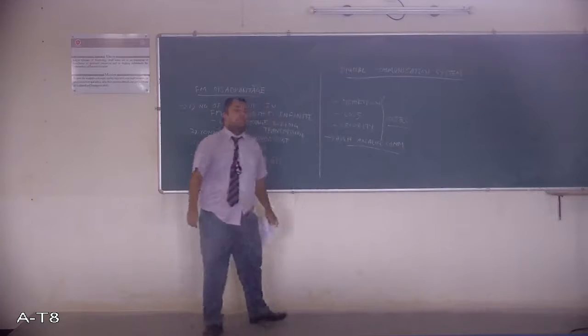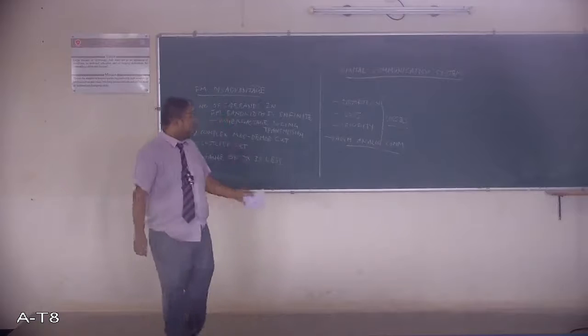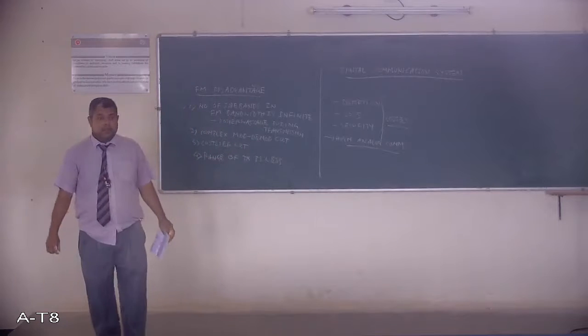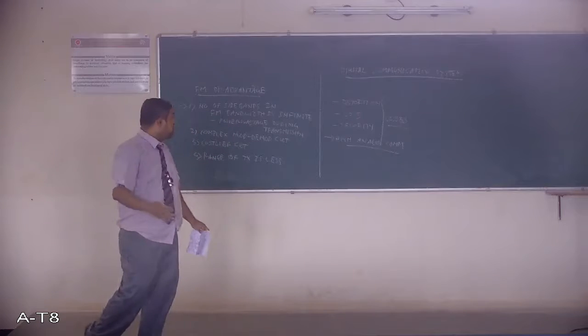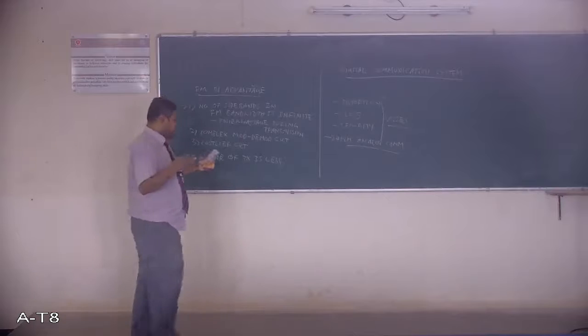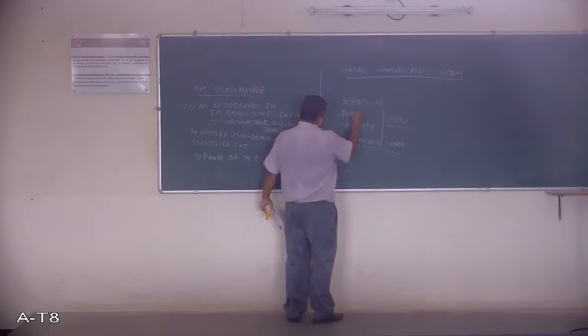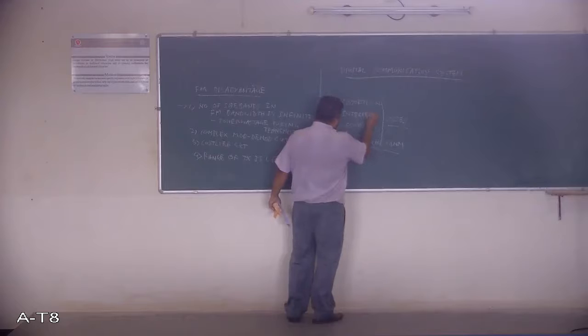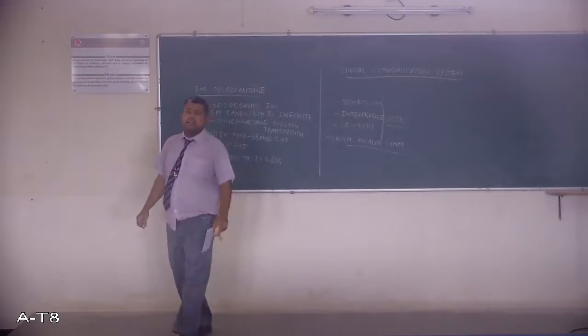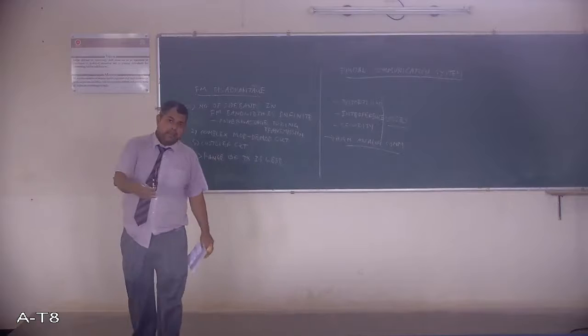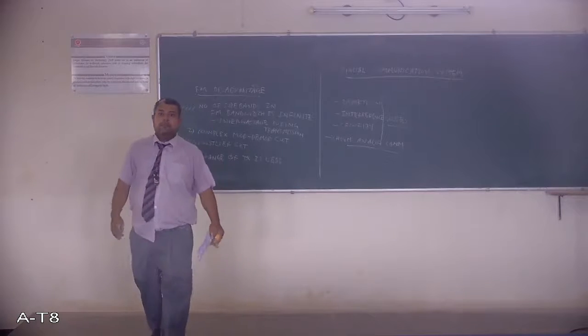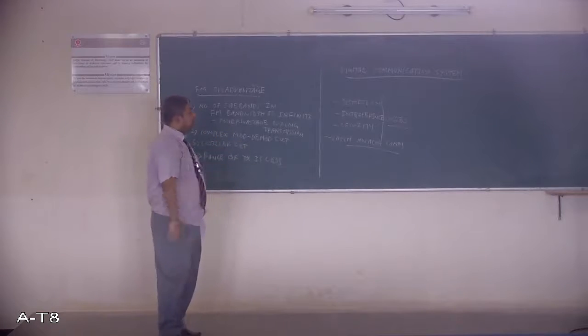So in case of analog communication, these losses are very high. Losses are categorized in 3 parts: distortion, interference and security. Security means tampering the amplitude or frequency of the modulated waveform. So together they are called loss.